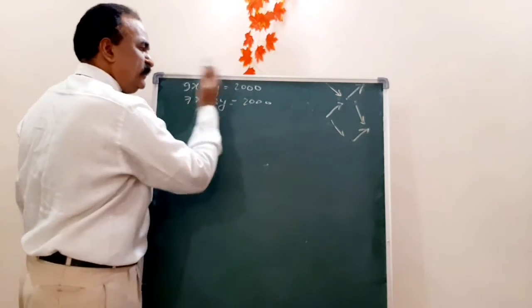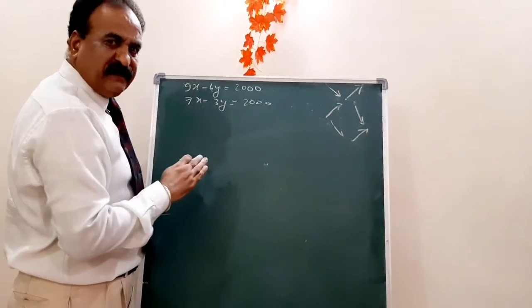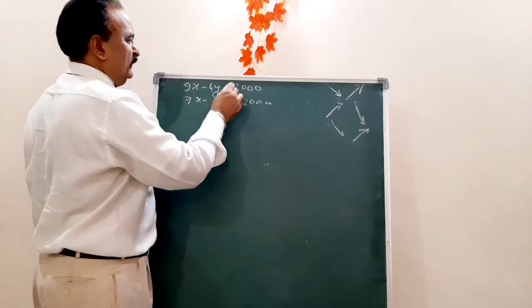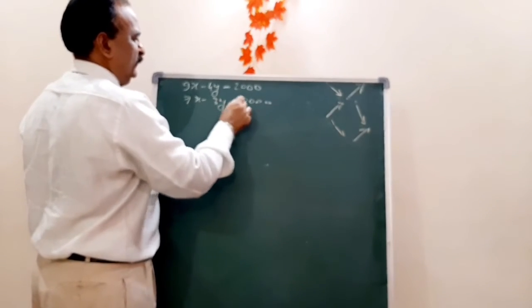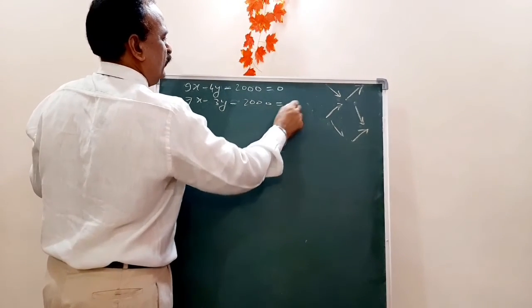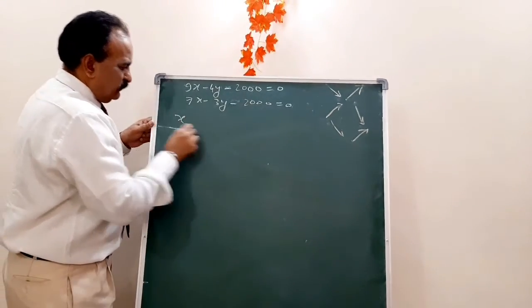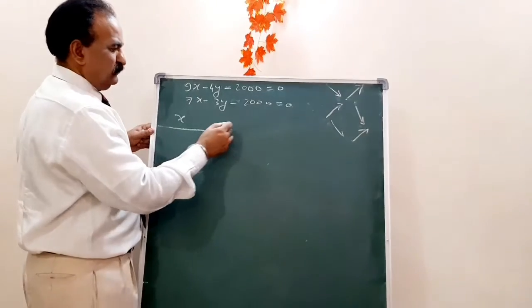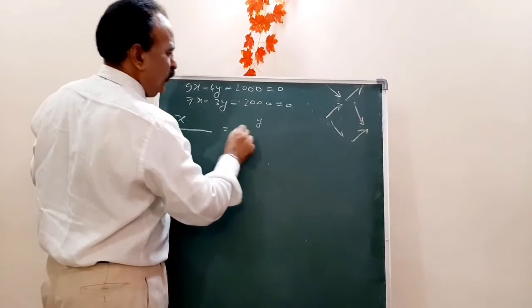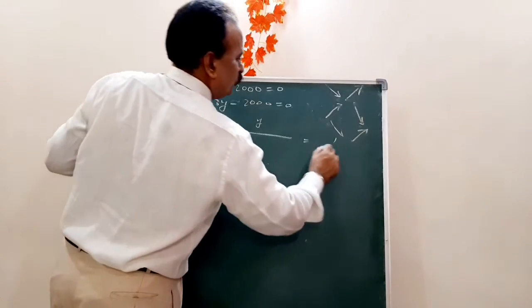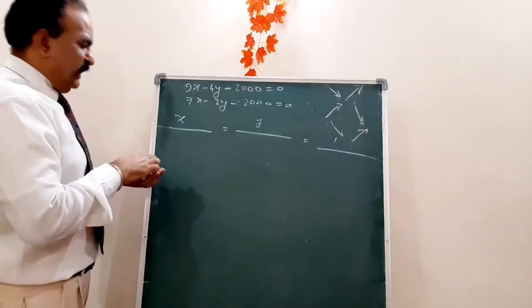You transfer the constant term here, then it becomes negative, the sign gets changed. It is minus, equal to 0, equal to 0. Okay, now you will write x upon, is equal to y upon, is equal to 1 upon, and put the minus sign.